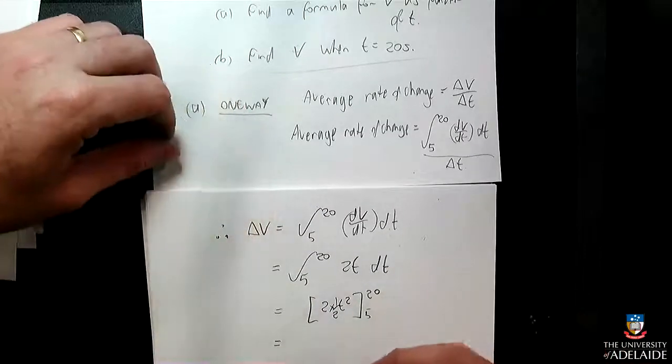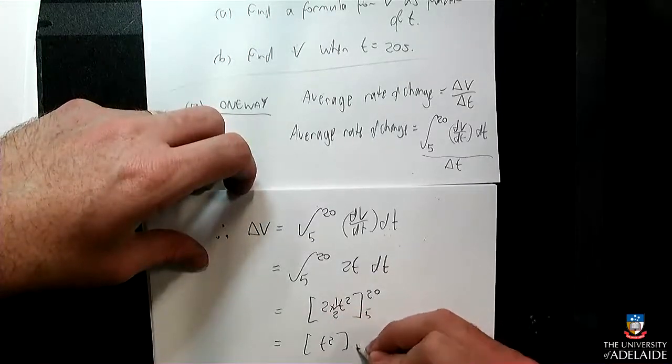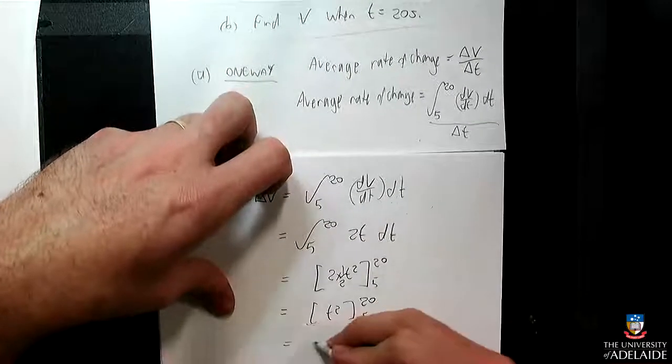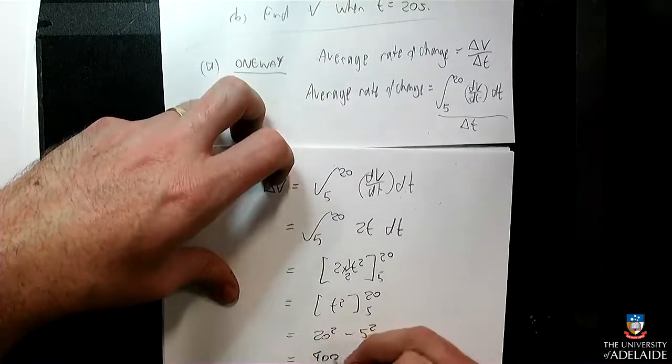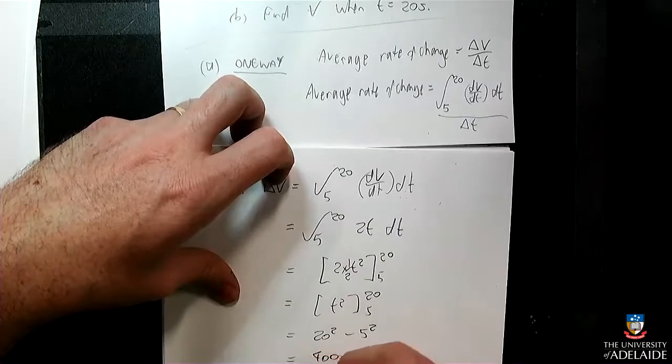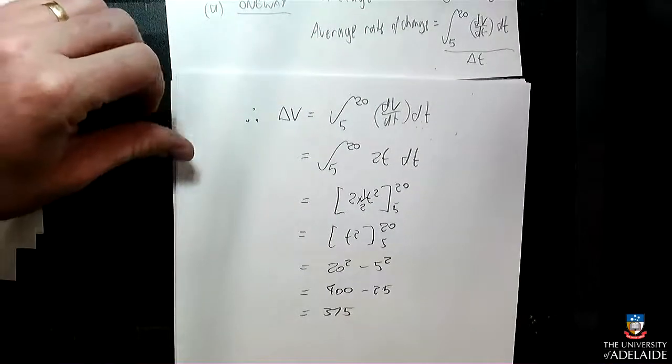That's t squared from 5 to 20, which is 20 squared minus 5 squared, which is 400 minus 25, which is 375. So the change in v is 375.